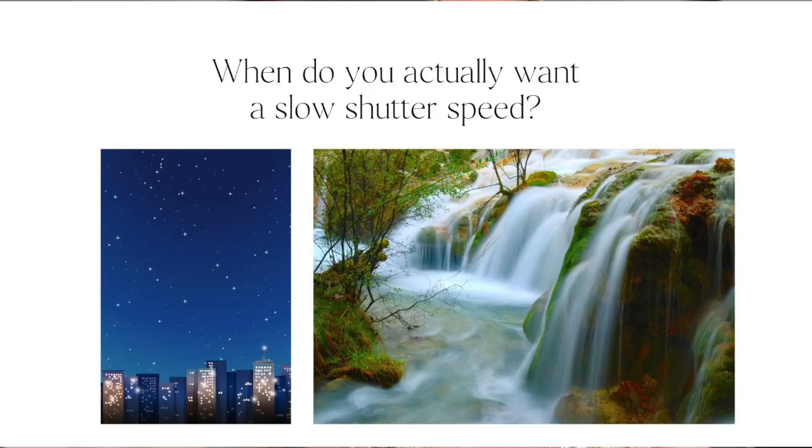If it's dark outside, there is no way you can get enough light into your lens to actually see anything unless you give it a long time. And then your camera can slowly collect that light. You can sit there for a minute, 5 minutes, while it slowly takes this picture and just lets in all the light.